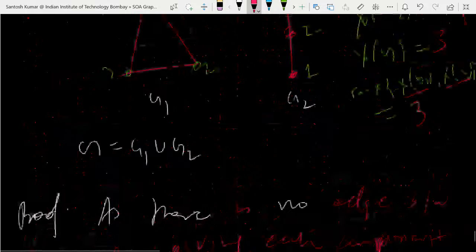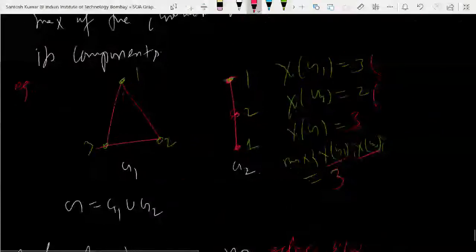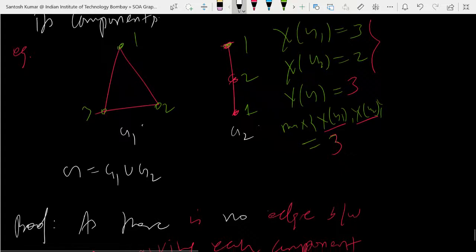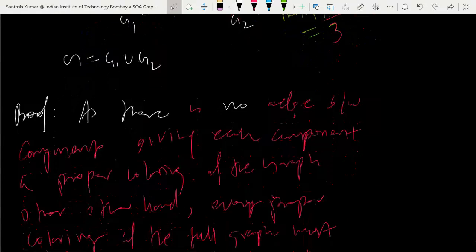So you can simply understand here, just for example, you do a proper coloring of this and a proper coloring of this. Whichever uses the maximum, that many colors you can use on the other one that uses fewer. So the component which uses the maximum number of colors gives the chromatic number of the whole graph actually.